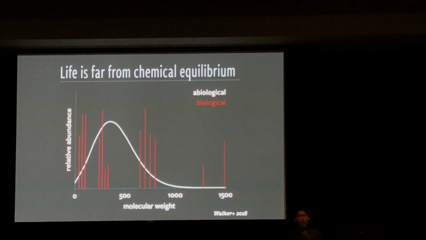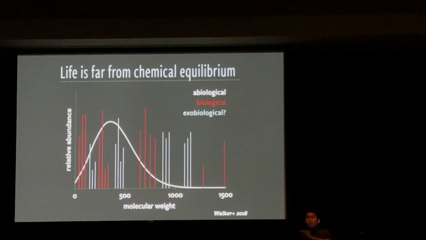But life, being highly out of equilibrium, liking to use certain organic molecules over and over and over again, like for instance ATP might be one of these spikes here, characteristically out of equilibrium. You know, things that should just not be there under a purely chemical system. So exobiology might use different molecules from us, but they might be equally out of equilibrium, and we would be able to identify such exobiology in this fashion.